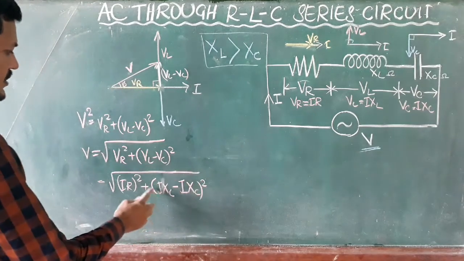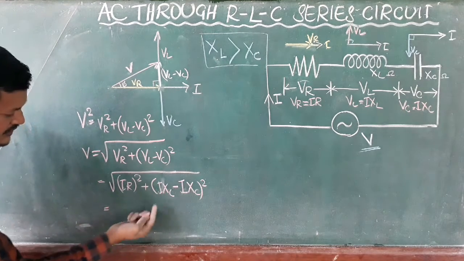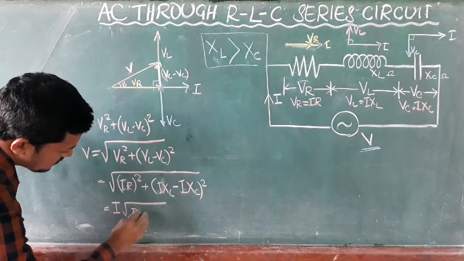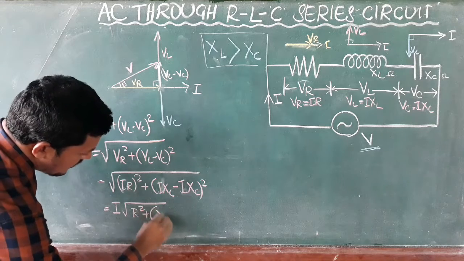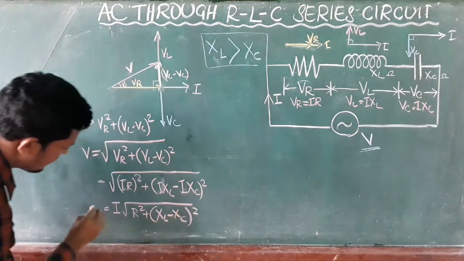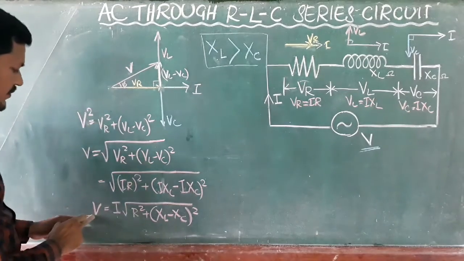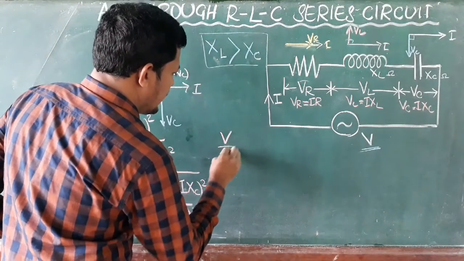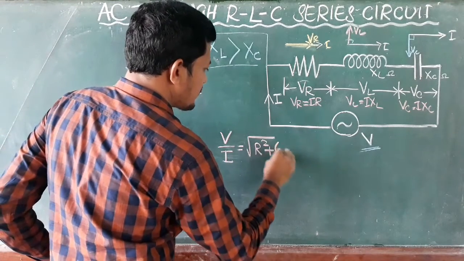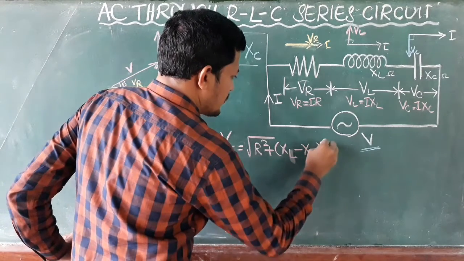Now taking I outside, I square comes out, so it becomes I into root of R square plus XL minus XC whole square. So V equals that, and taking I to the left hand side, V by I equals root of R square plus XL minus XC whole square.